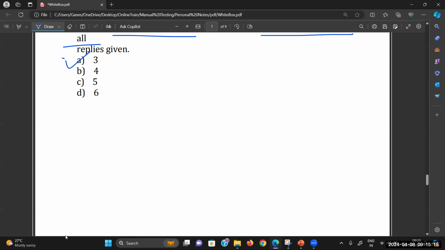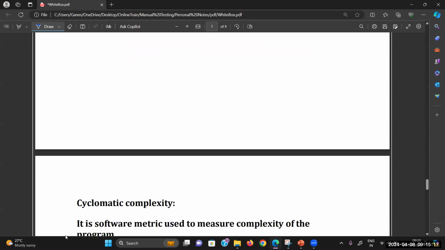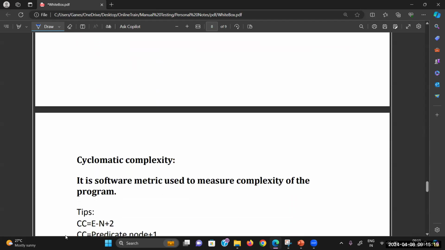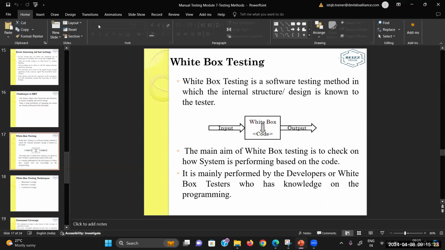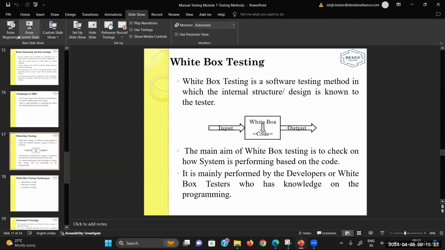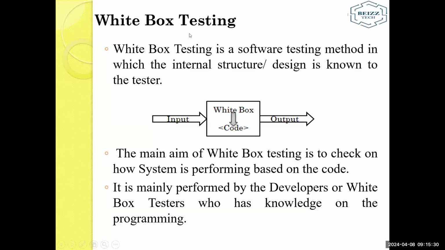And this is how you need to understand white box testing, because anyway, it's the responsibility of a developer and the white box tester. You are not responsible to do white box testing. But still, as a tester, we should know that there are different techniques available. We do testing in the way of black box as well as white box.